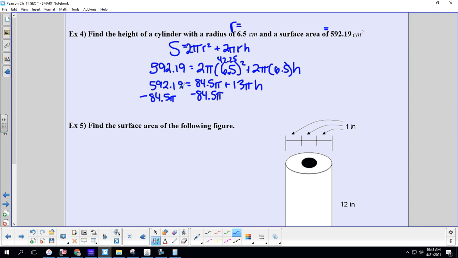I'll do that on my calculator really quick. Minus 592.19. I'm going to round it here, but in my calculator, I'm going to leave it with all the messy decimals. So it's 326.73.